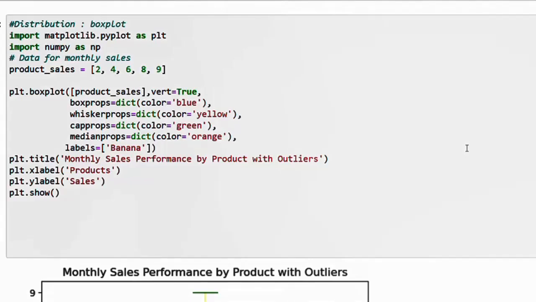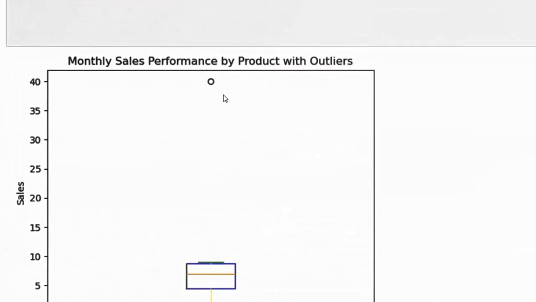Now what are the outliers? Right now we have the 5 values, and if I add one more value, say 40, this value is unusual compared to the other values. If I run this program, then I get this.